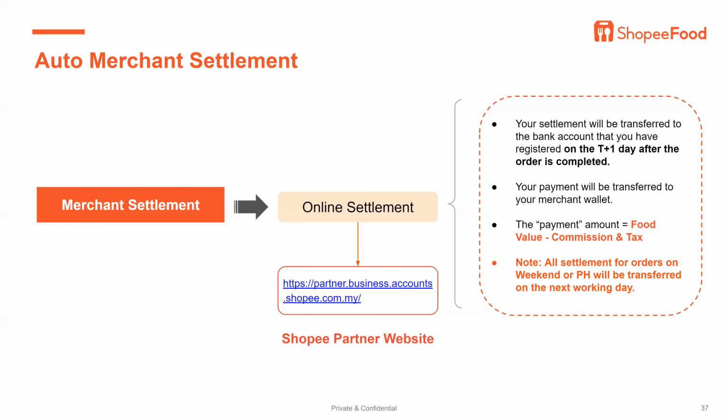So regarding the payment, we will automatically pay directly to your bank account. Basically the payment will be transferred to you on T+1 day after the order is completed. So if the delivery is today, the rider sent out, everything is delivered, your payment will be the next working day. And please take note that all the settlements on the order, if it falls on a weekend or public holidays, will be transferred on the next working day.